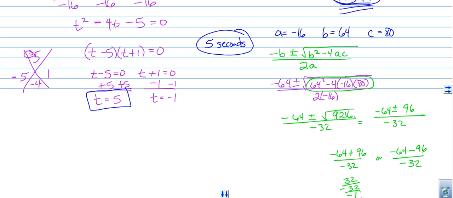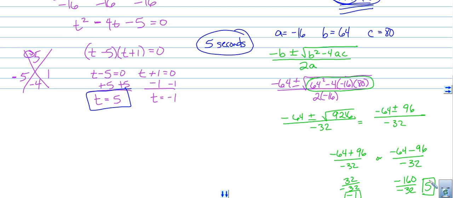That's one possible answer. Or negative 64 and negative 96 give you negative 160 over negative 32, and then that gives us a positive 5.